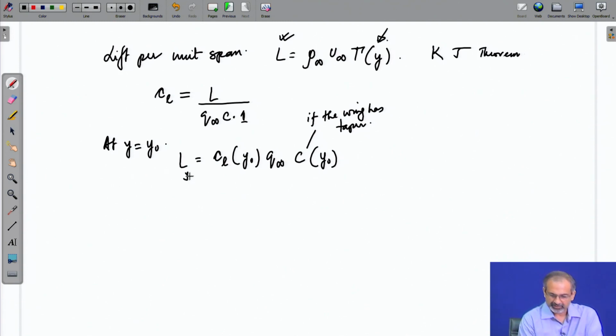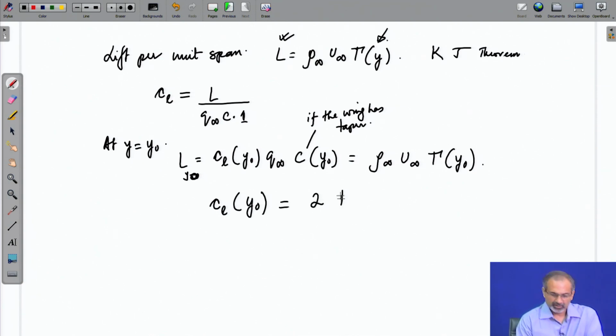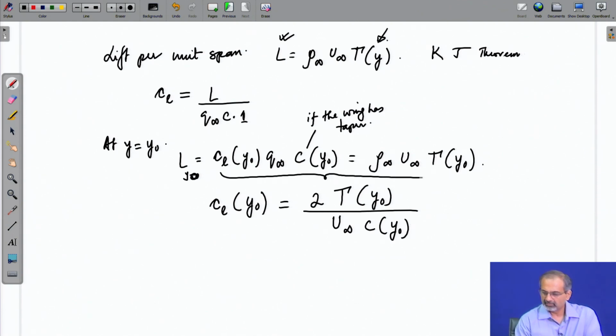So, let us write it as lift per unit span at y naught, and from the Kutta-Joukowski theorem it will be working out like this. So, what does it give us? The CL at y naught will be found to be 2 gamma at y naught by u infinity c at y naught, if you just rearrange this equation.